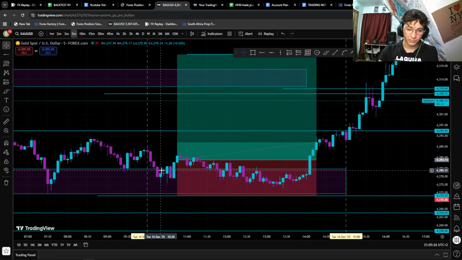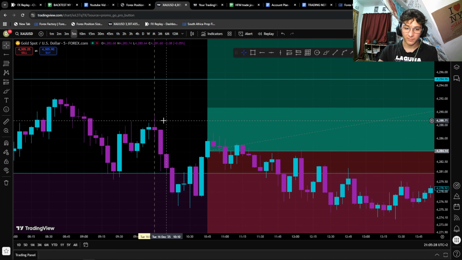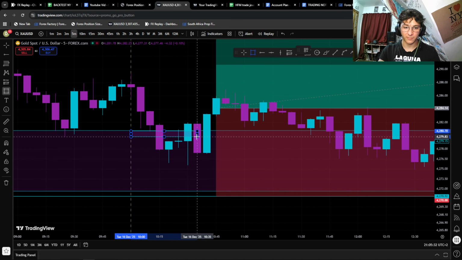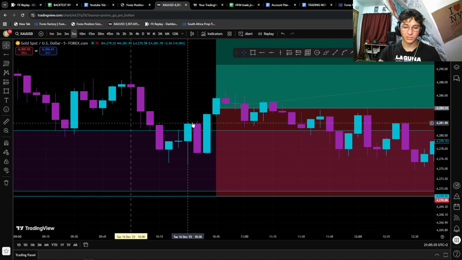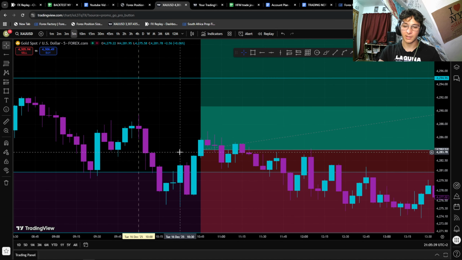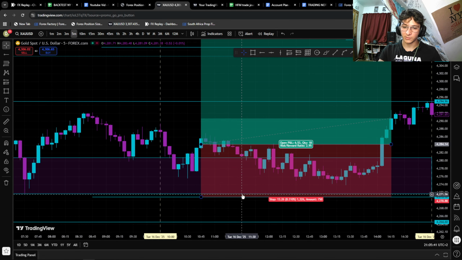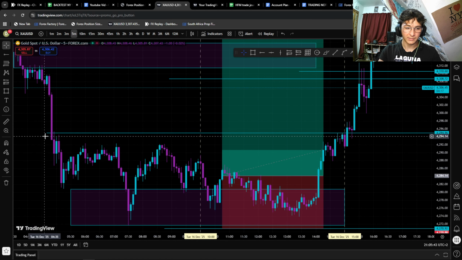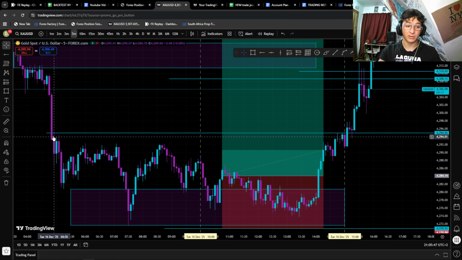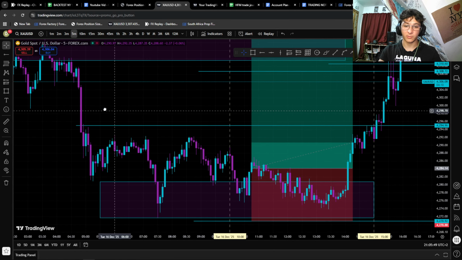We entered based off of this inverse fair value gap, as you can see right here. This bearish fair value gap getting closed bullish above, that's bullish confirmation, and a break of structure on this candle above these highs. So here was our stop loss, and our take profit 1 was right here, just below this bearish fair value gap, which I said liquidity would target.